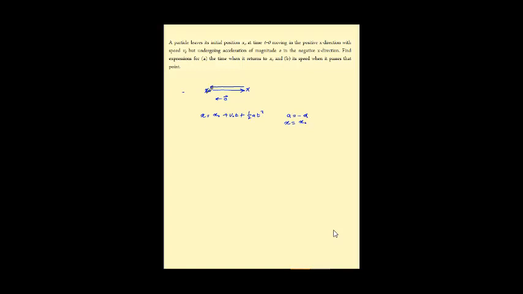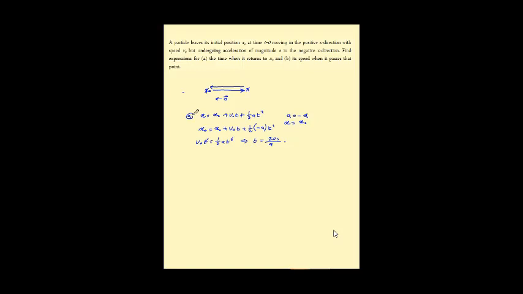So if we substitute, x0 equals x0 plus v0t plus 1/2 times minus a t squared. So v0t is equal to 1/2 a t squared. Cancelling t with the square from here, we obtain t equals 2v0 over a. This is part A of the problem.